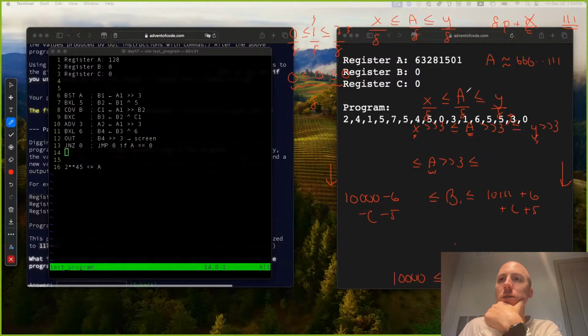So what we do know is that if 8 divides A and Y the same number of times, the remainder for A has to be less than or equal to the remainder of Y.